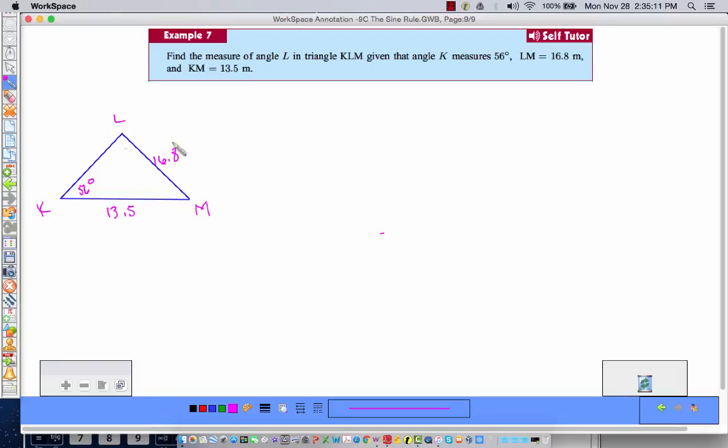Okay, so I would say that the sine of L over little l is equal to the sine of K over little k. Filling in, sine of L over 13.5 is equal to the sine of 56 degrees over 16.8.